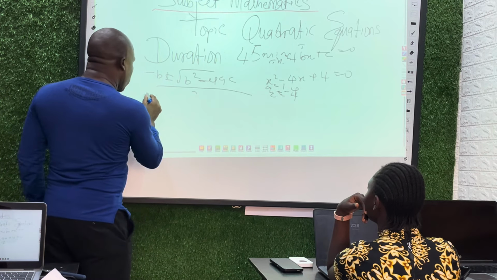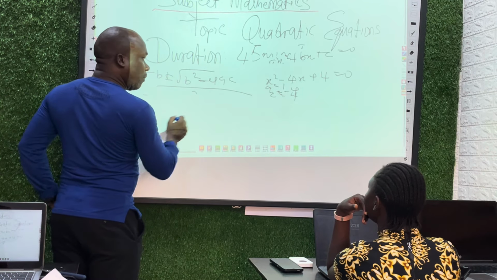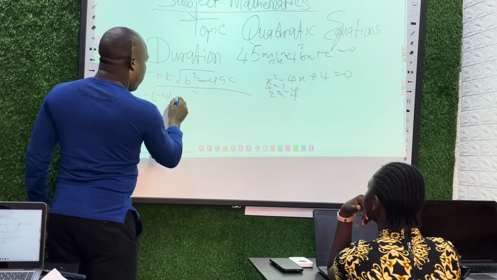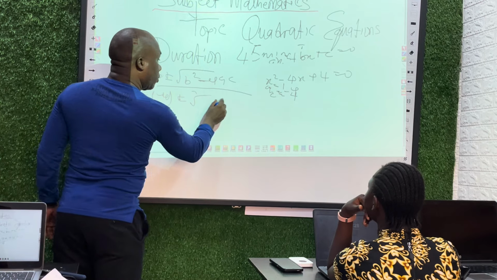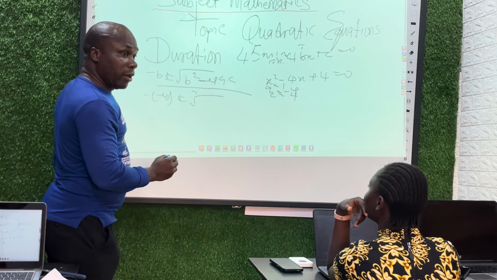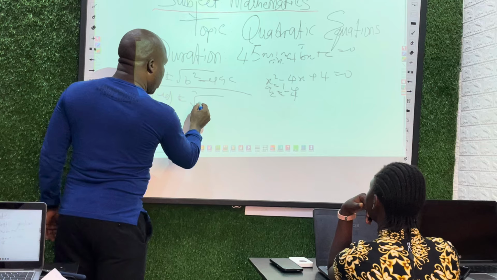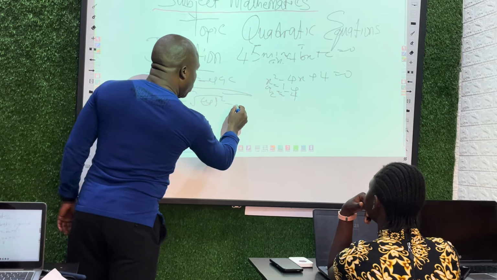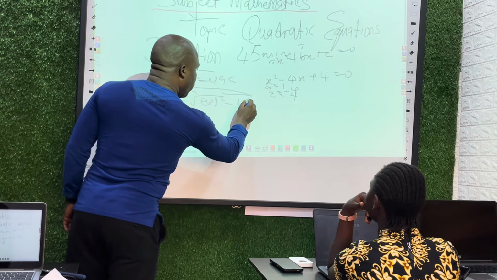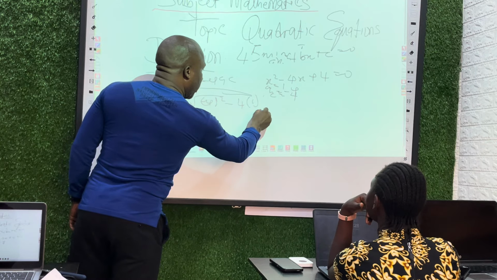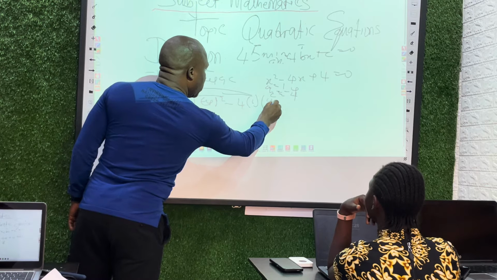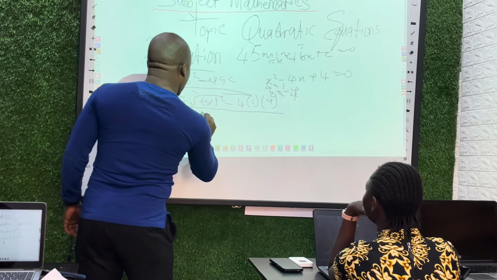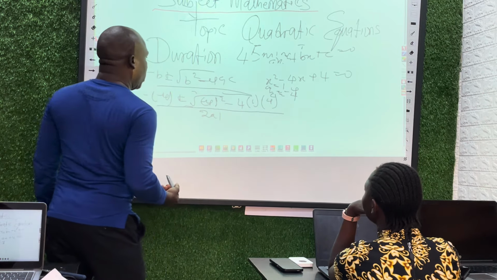So if you substitute that into this equation, you now have minus b, and b is minus 4, so minus into minus 4, plus or minus the square root of b squared, which is minus 4 squared, minus 4 into a, which is 1, times c, which is 4, all over 2 times 1.